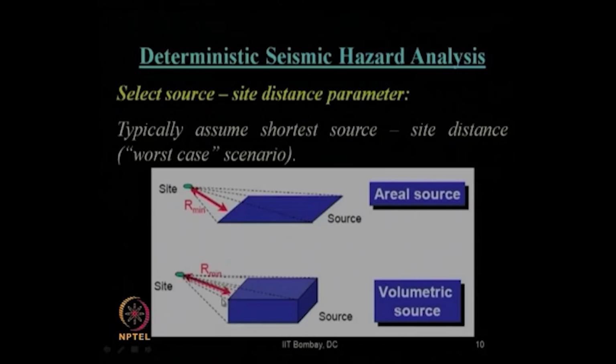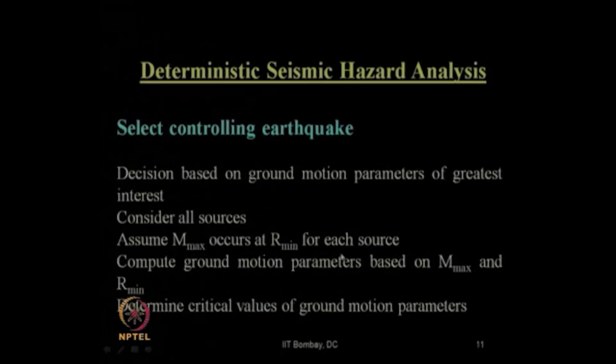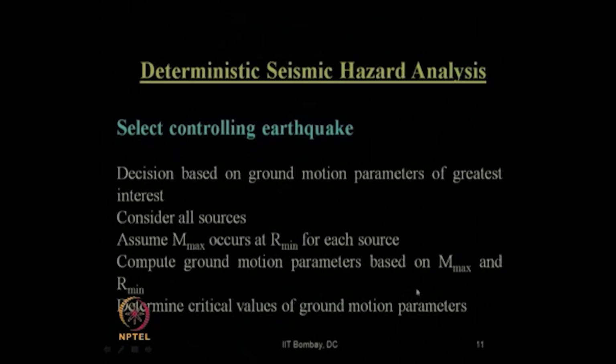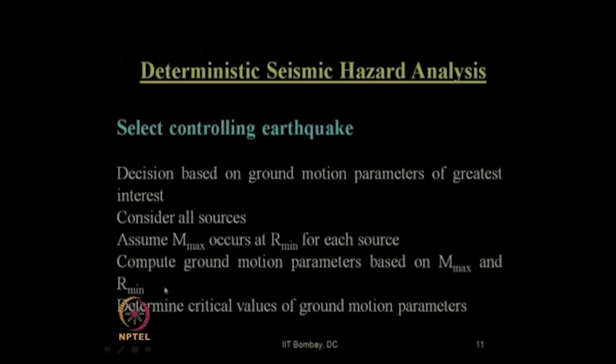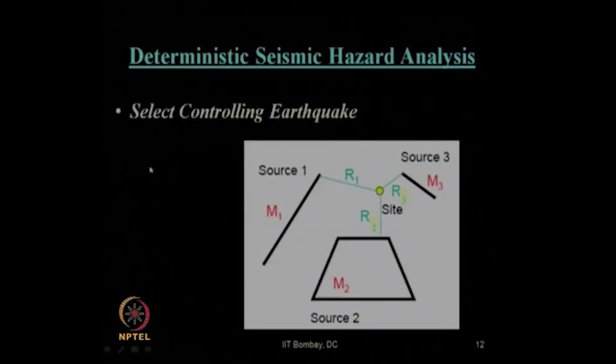Hence, we consider M max also occurs at this minimum distance. That is what it means: assume M max occurs at R minimum for each of the sources. Then compute the ground motion parameters based on that M max and that R minimum, and then determine the critical values of the ground motion parameters. So, this is how we select the controlling earthquake.